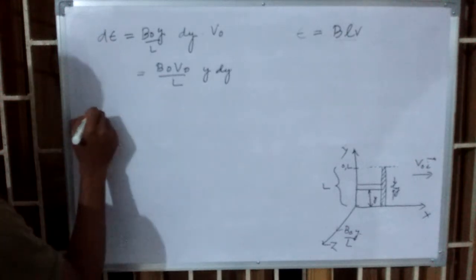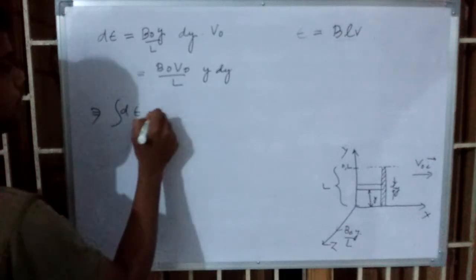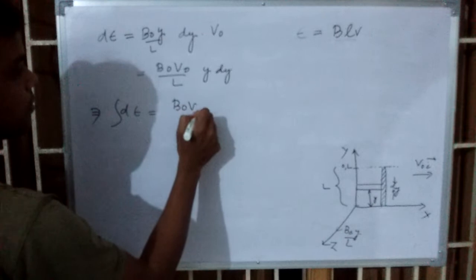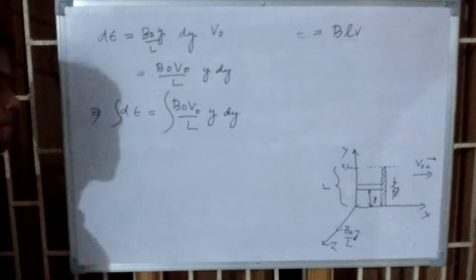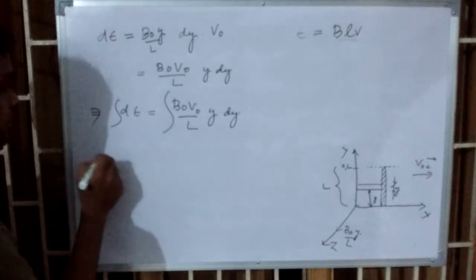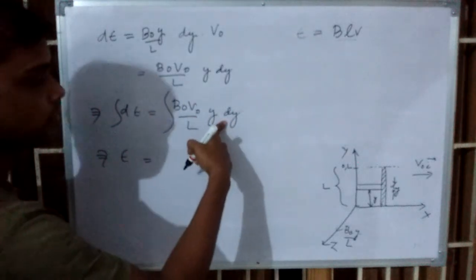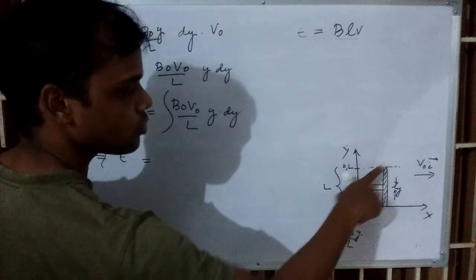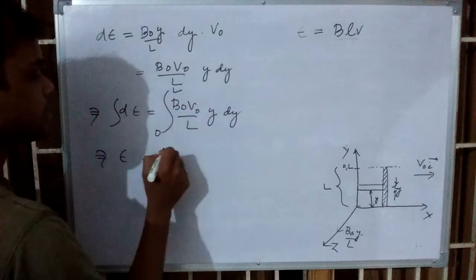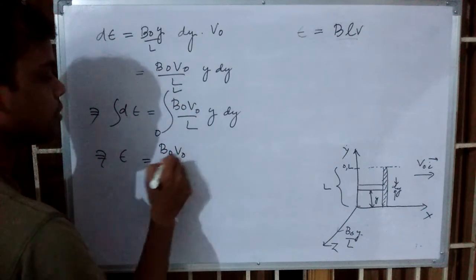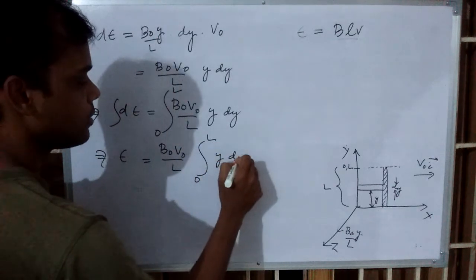Now to find the total EMF generated, I have to integrate both sides. On the left side, I will obviously get the total EMF generated. On the right side, I have to put the limits of y. Y is varying from 0 to L. Taking constants outside, it will be B naught v naught by L, integral from 0 to L of y dy.